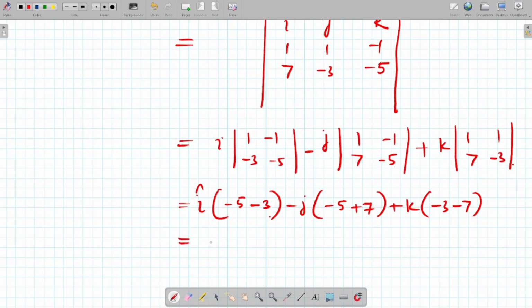So your answer is negative 8 i cap, and then minus 2j, and then negative 10k cap. Okay, so this is your tau or the torque, and torque is measured in Newton meter. So as a vector quantity, it will be this.